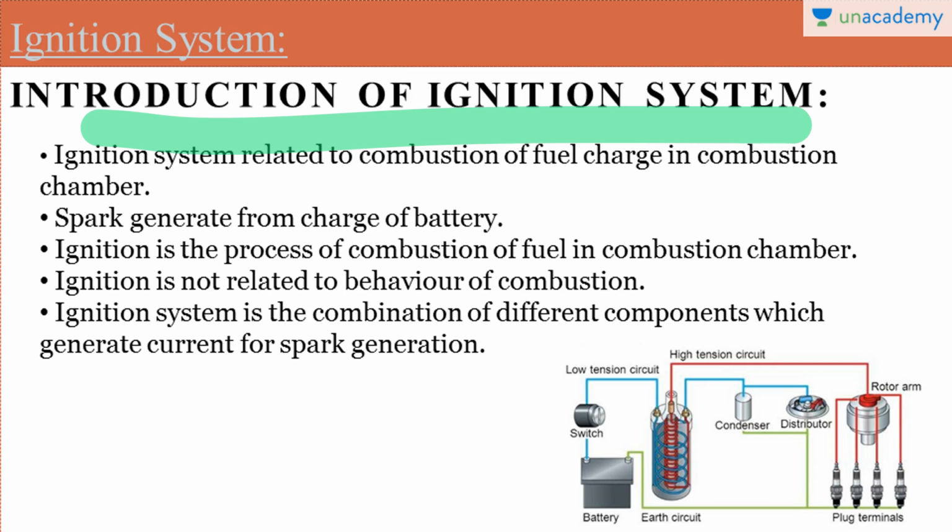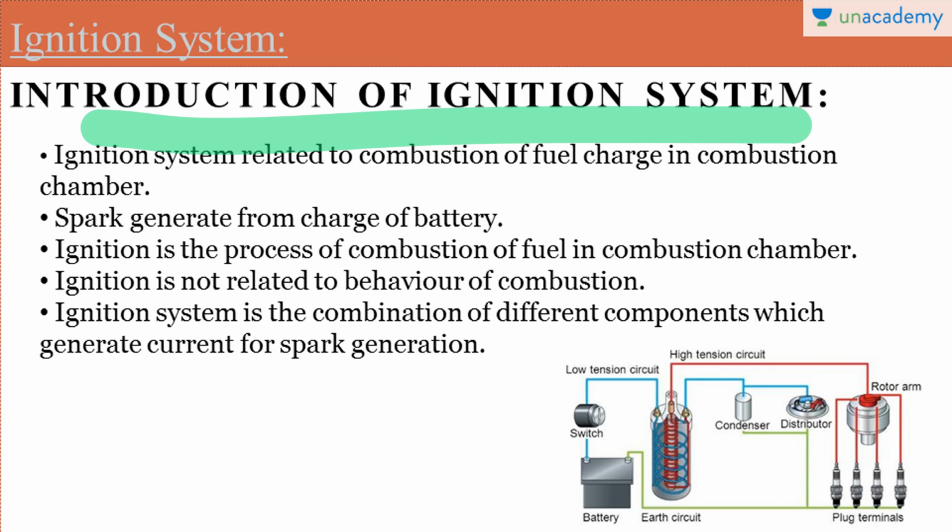or in the engine. So the question is, how is the spark generated in the engine? In SI engine we use a spark plug to generate the spark, but the question is, from where does the spark come, or from where is the spark generated in the spark plug? This is the main question.